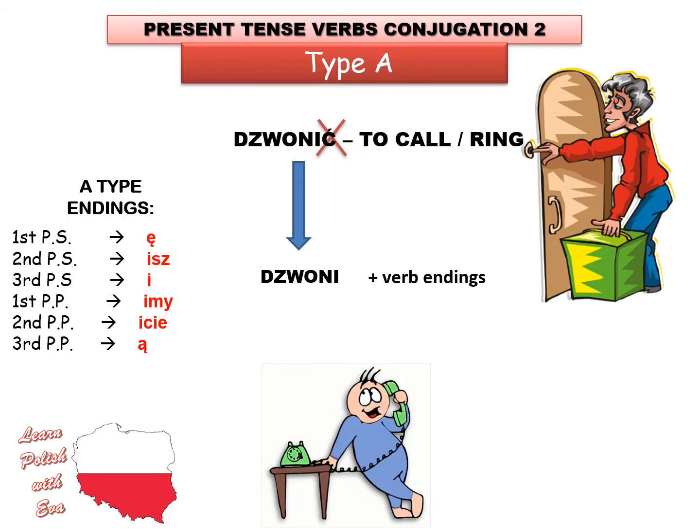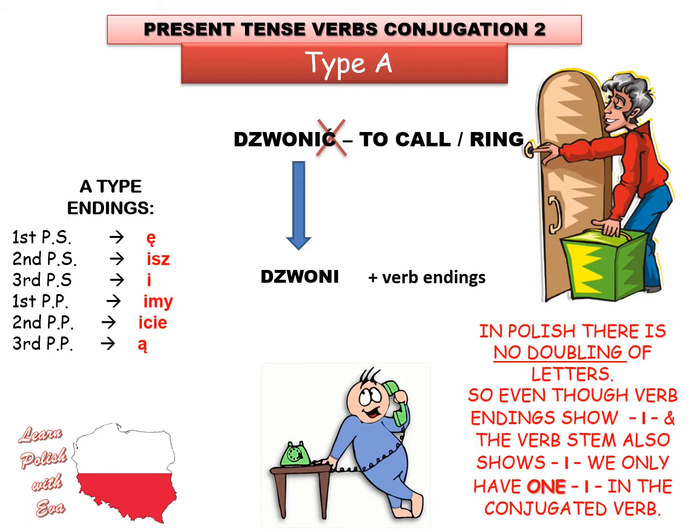However, in Polish, there is no doubling of letters. Particularly, we're talking here about vowels. So even though the verb stem that we've created has the letter i there, dzwoni, the verb endings also have the letter i. Because of that, we are just going to have 1 i in the conjugated verb and not 2 i's, because we don't do that in Polish.